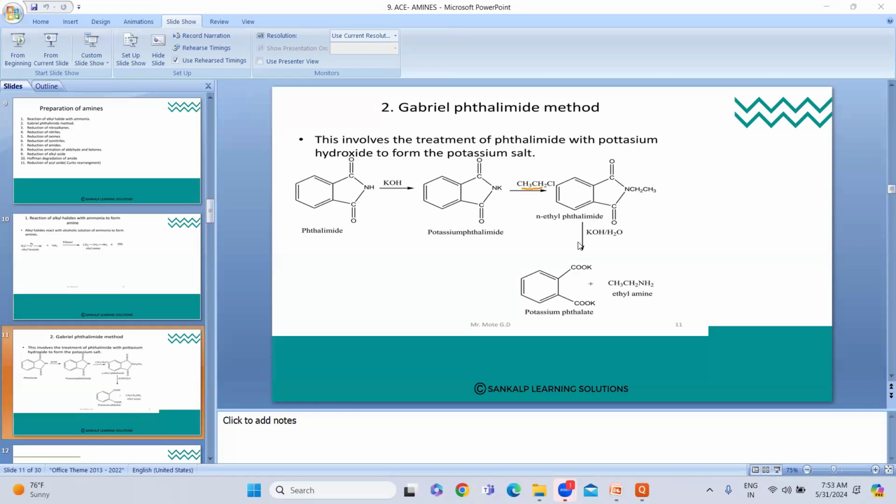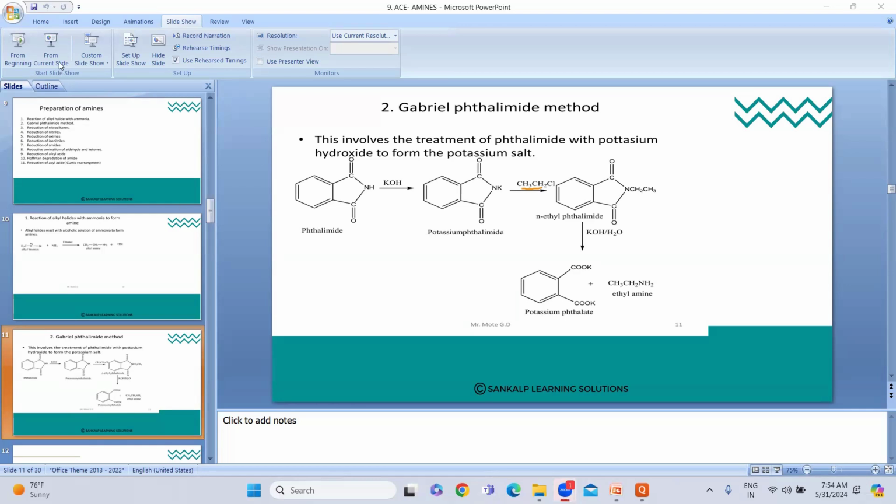We are going to do base hydrolysis, and then we get the respective amine and potassium phthalate. So this is the Gabriel phthalimide synthesis.